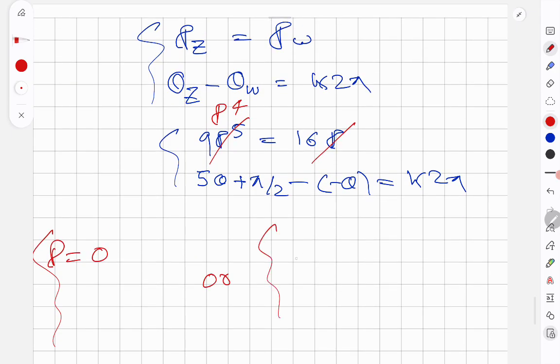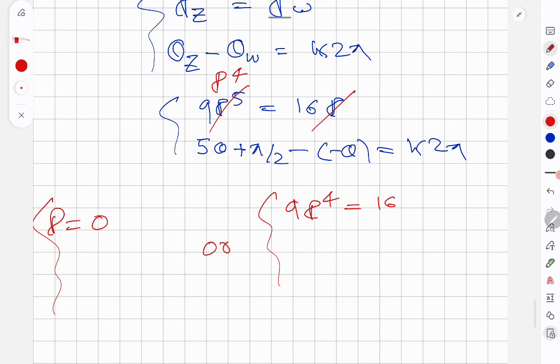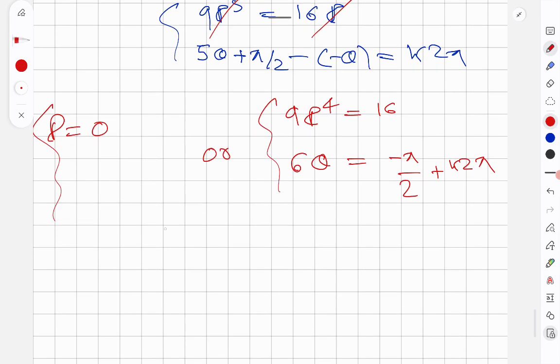Then here is 9 rho^4 equal to 16, and here you can just keep the 6 theta on this side, rest you can take that side. So 6 theta equals minus pi by 2 plus k 2 pi. And rho to the power 4 equals 16 upon 9.